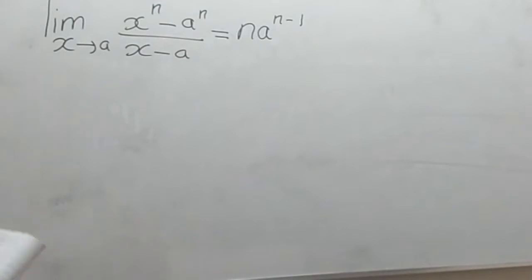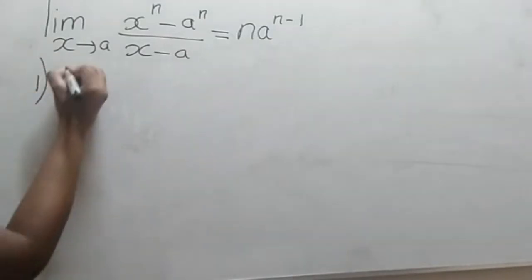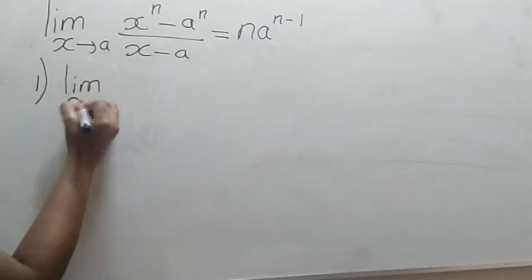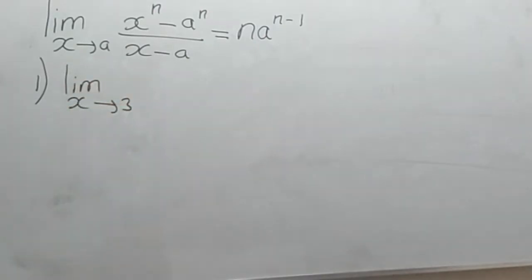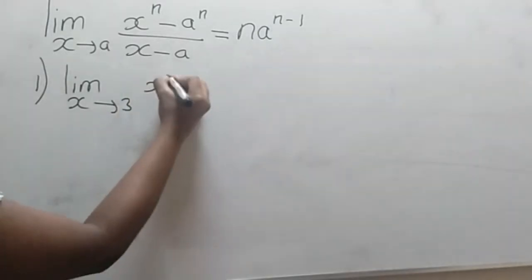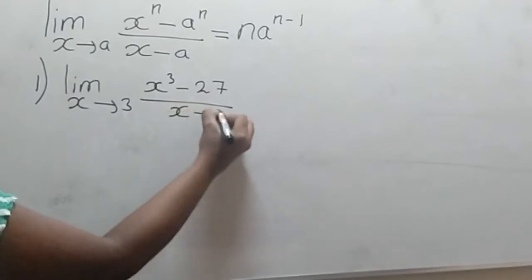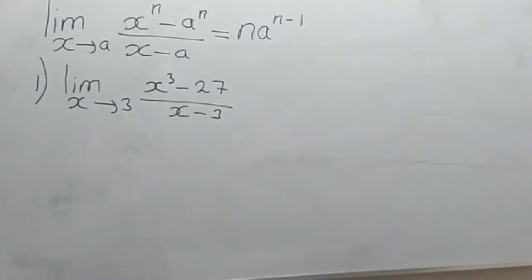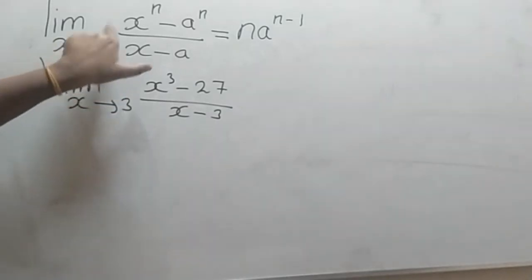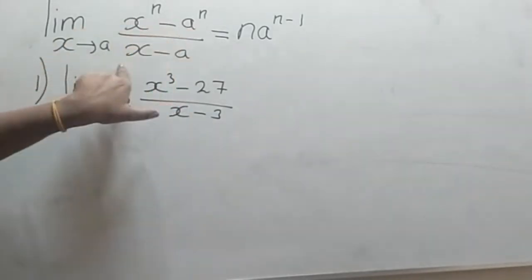Okay. So the first question is limit of x tends to 3, (x cube minus 27) over (x minus 3). So how to use this theorem? Limit of x tends to a, x to the power n minus a to the power n over x minus a.